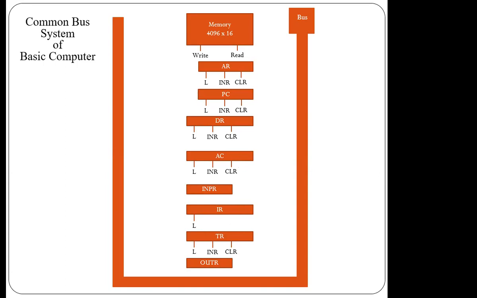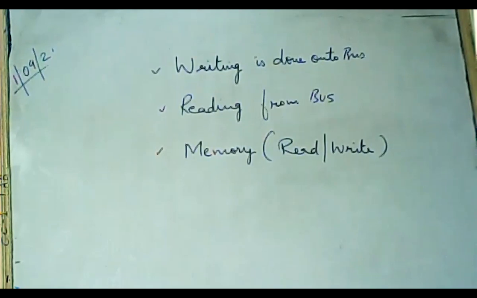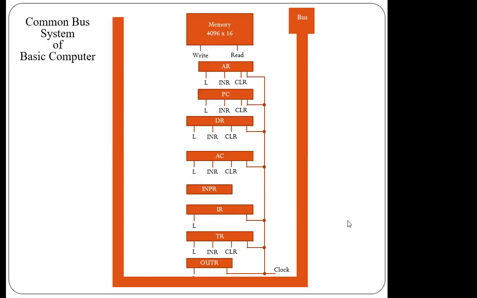Then the TR register has 3 inputs. Then we have OUTR, right? So these are the connections. The AR register deals with the address, so that is why it is connected to the memory, right?